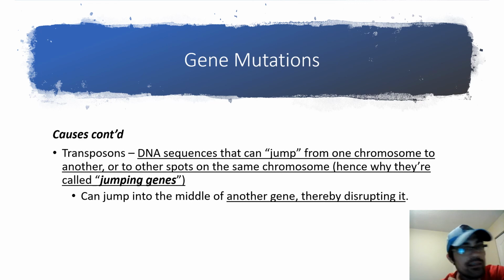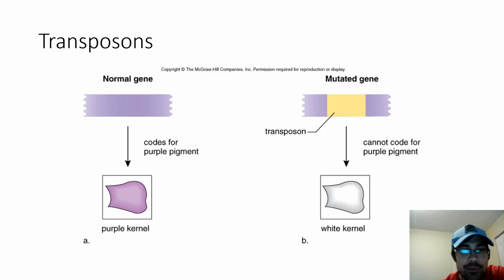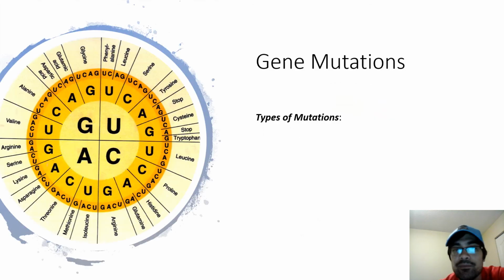I'm not really going to go too much into it, but an example would be the gene that codes for the white kernel instead of the purple one. It just jumps in there and supplants it. Again, it is just a type to be aware of.